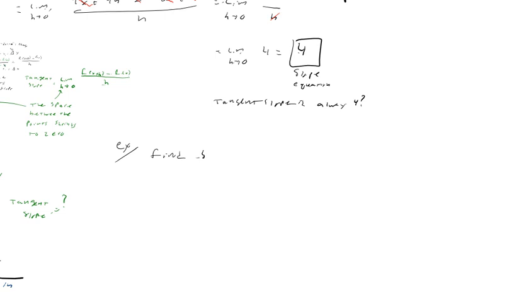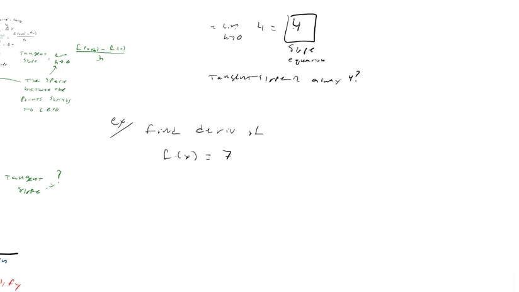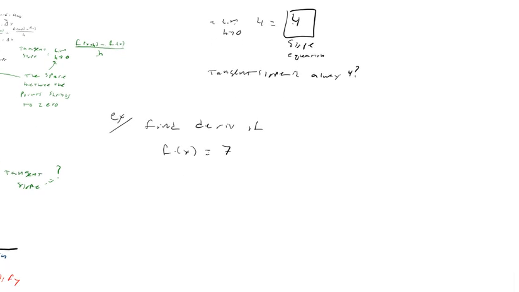Find the derivative of f of x equals 7. My equation is f of x equals 7. What's going to be the derivative of that? Just a 7. Just a 7, everybody.